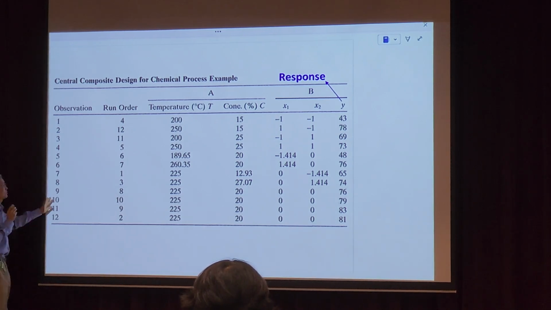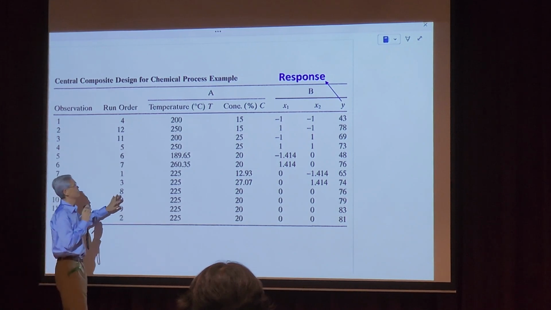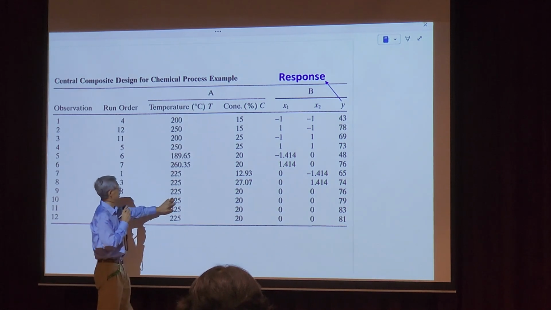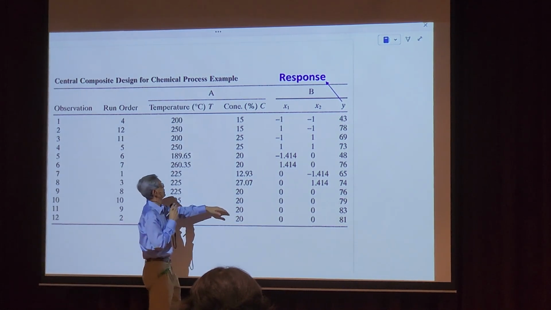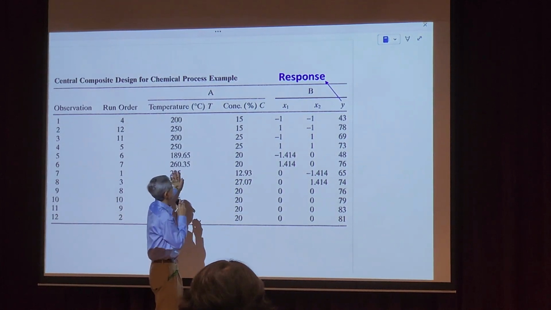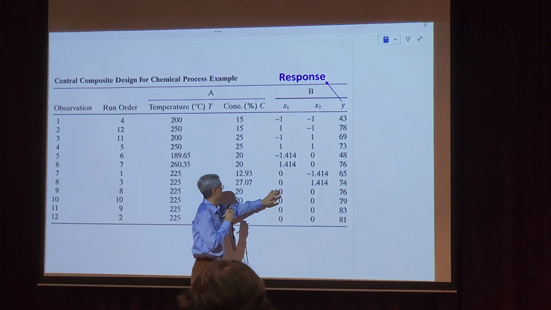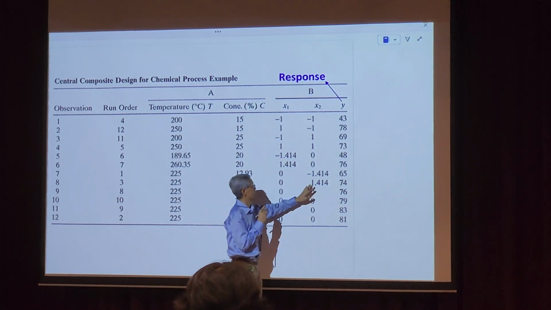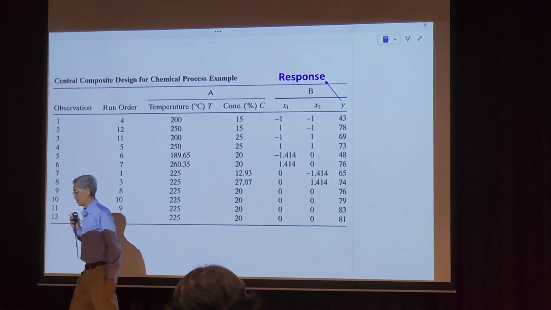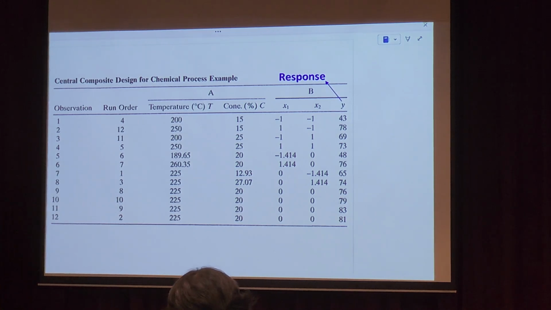Let's not worry about these 2 columns. So I have different temperatures here, different concentration. This temperature corresponds to x1, this corresponds to x2, and that's the yield that we get after you perform the experiment.